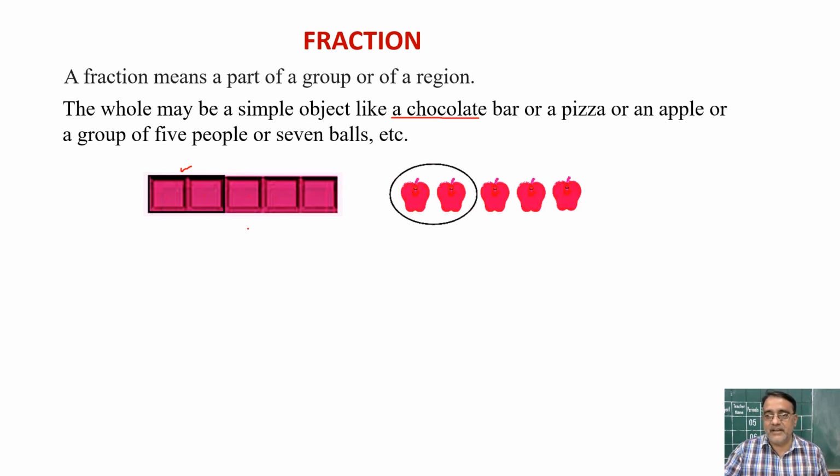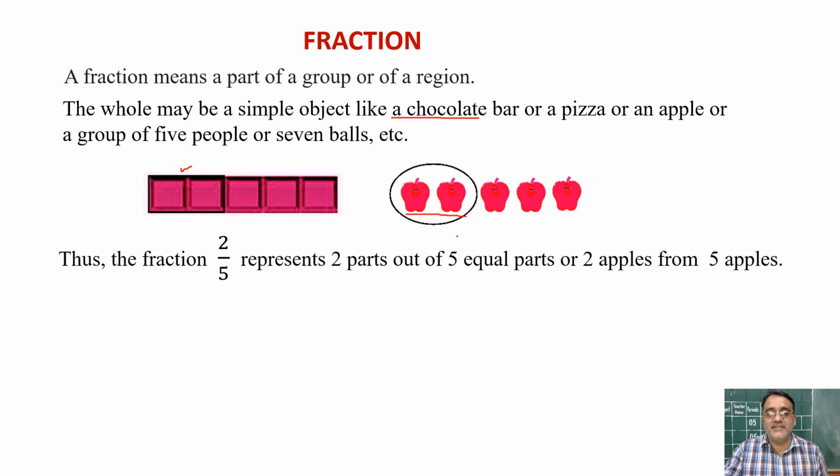Okay, see this figure. It is a group of 5 apples. And if we take only 2 apples, then we can say that 2 out of 5, that is 2 by 5. So thus fraction 2 by 5 represents 2 parts out of 5 equal parts, or we can say 2 apples from 5 apples.